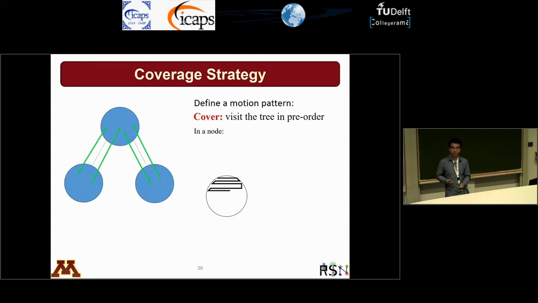Then in each node, we start from the closest uncovered cell, and from there, we follow the contours, where contours are lines on which the cells have the same distance to the charging station. When we find the remaining energy is just enough for returning to the charging station, we retreat to get fully recharged.